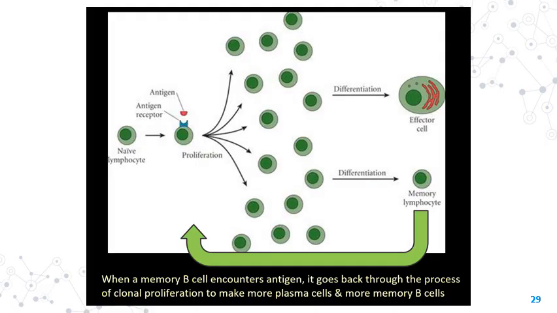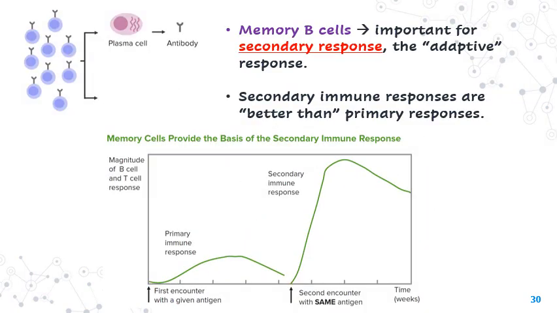And here is just to show you where your memory cells go. They stay circulating. Okay. And this is just a review of the secondary response to an antigen that was seen before, right? Remember, because you have those memory cells that are ready to start shooting antibodies, you're going to have a much higher and much faster response than your primary response.